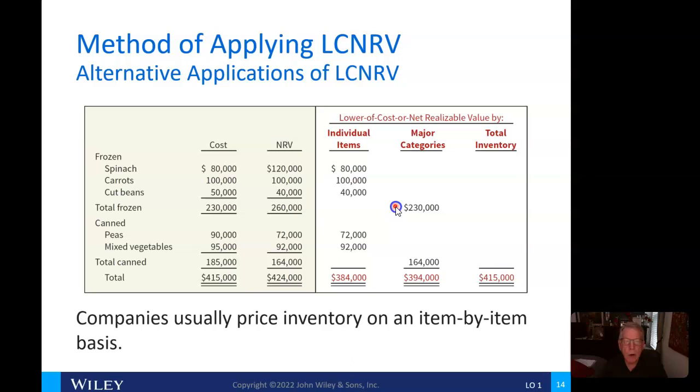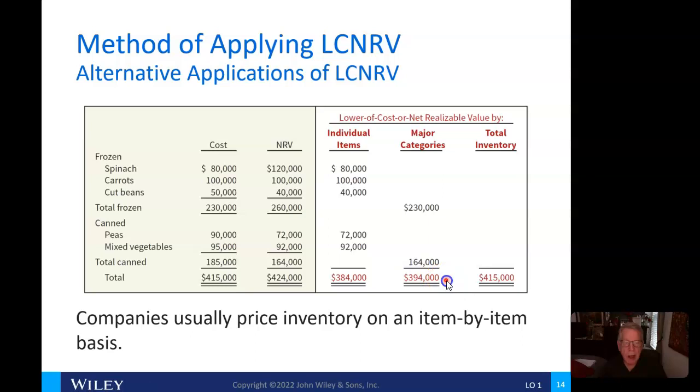So we bring over the cost of $230,000. But the cost of total canned is greater than the net realizable value here. So we'll bring the net realizable value of $164,000 over.